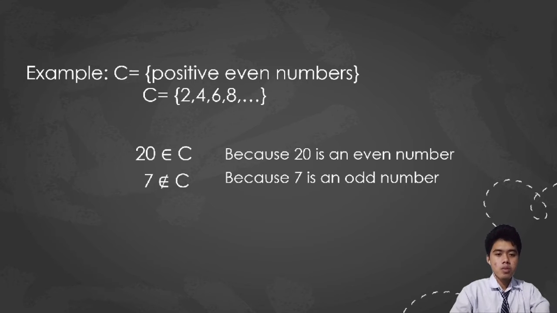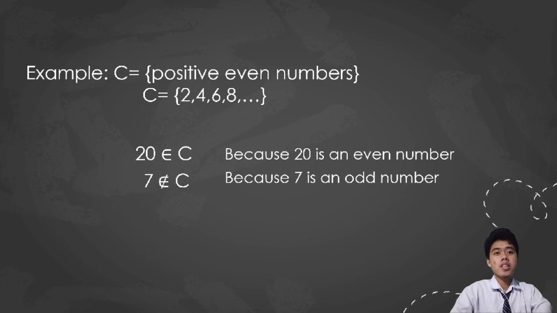Last example, we have set C is the set of positive even numbers. If we list the positive even numbers, masyado marami yan. So, we have 2, 4, 6, 8, and so on. Basta't positive siya, hindi siya negative. Pataas. So, 20, what do you think? It is an element or not element?